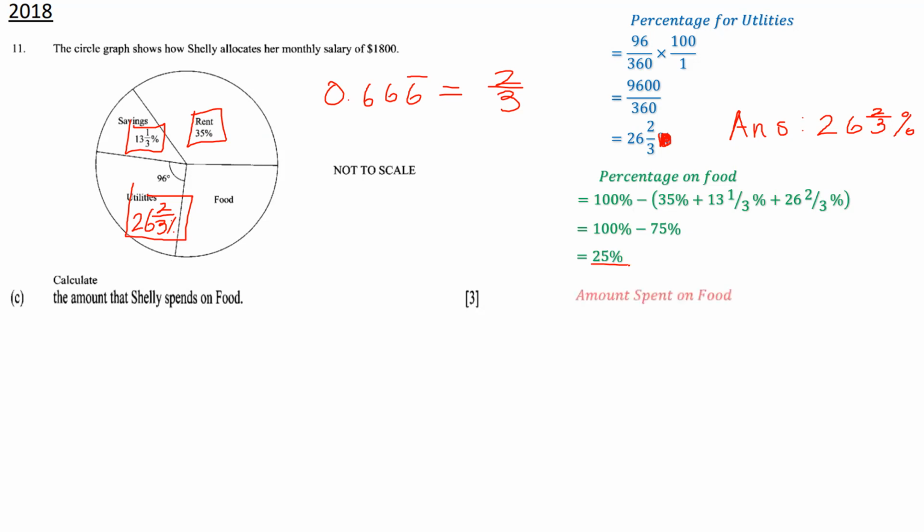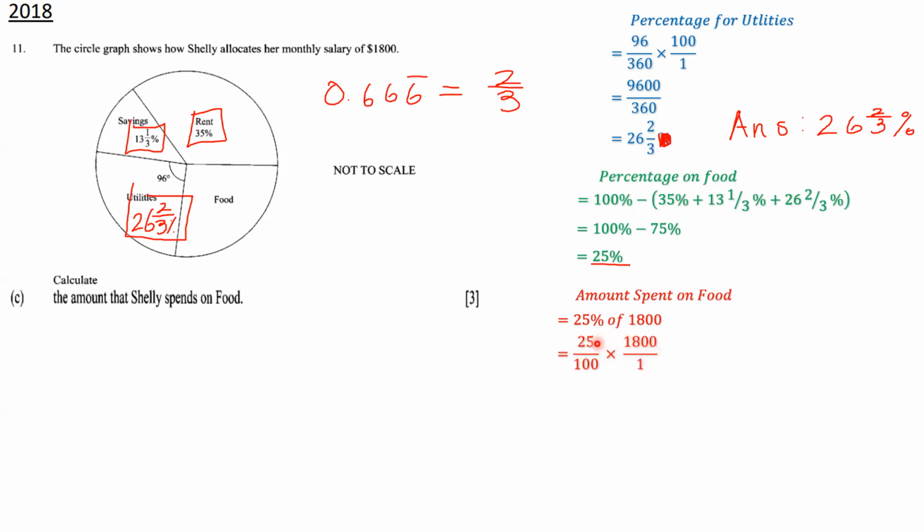And so to find that, the amount spent on food, we have to do 25%, which is the percentage for food, right? 25% of 1,800. And so that's going to be 25 over 100, because that's what 25% is. 25 over 100 multiplied by 1,800 over 1.